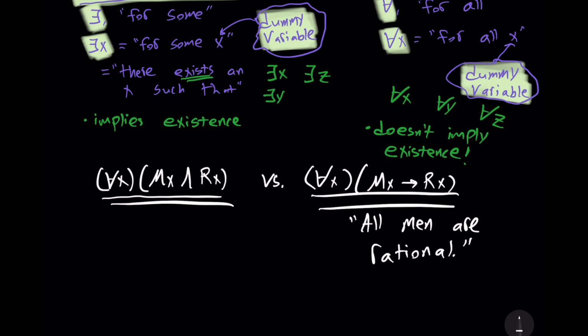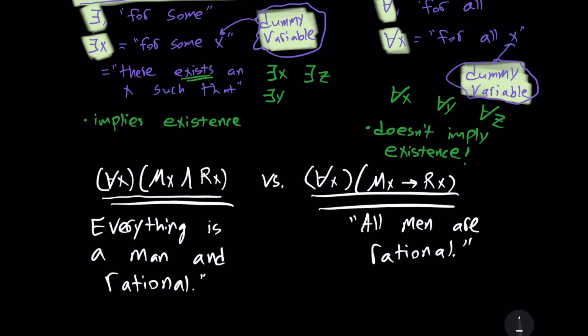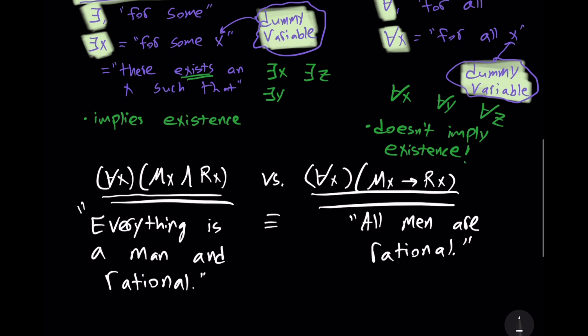But this proposition here would say that everything is a man and rational. In other words, everything out there in the universe is both a man and rational, which is clearly false. So these propositions are not logically identical or equivalent. They say something quite different.